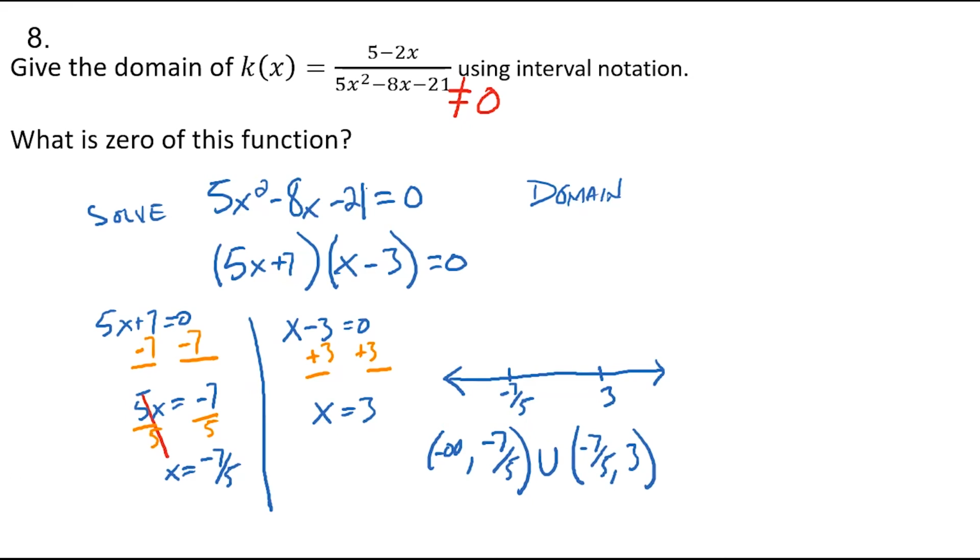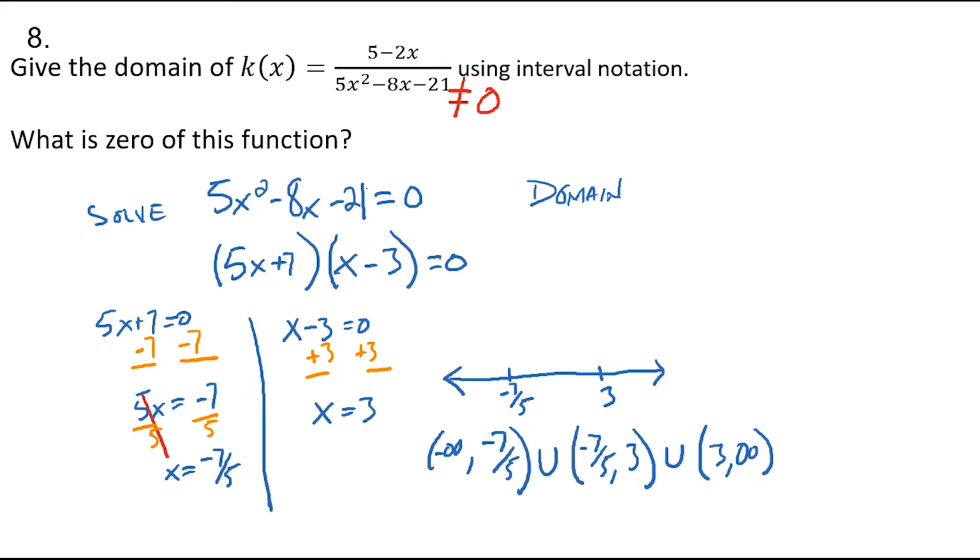Notice I'm using parentheses because the parentheses indicate that I'm not including the values of negative 7/5 and positive 3, because these are the values that will result in our denominator equal to 0. So I don't want to include those. I just want to say that our domain goes up to those points. And then we have positive 3 up to positive infinity.